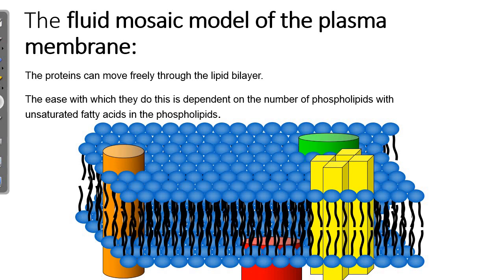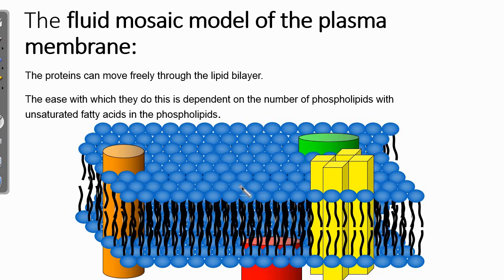And the word mosaic comes from the pattern which is produced by the scattered protein molecules when the surface of the membrane is viewed from above. So fluid mainly comes from this flexibility where the proteins can move by the process of diffusion sideways, and mosaic is mainly because of the arrangement of these proteins.